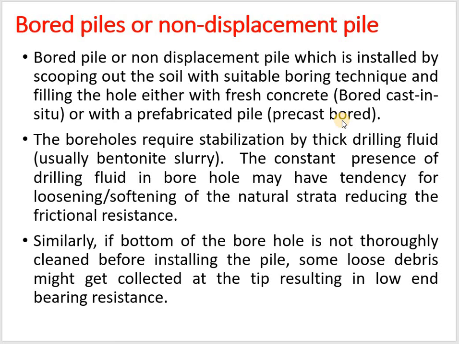That means you install the cage, and then you pour the concrete using tremie pipes. You can check YouTube for various videos of bored cast in situ piles, where the entire process is very beautifully explained. Even driven piles you can search on YouTube.